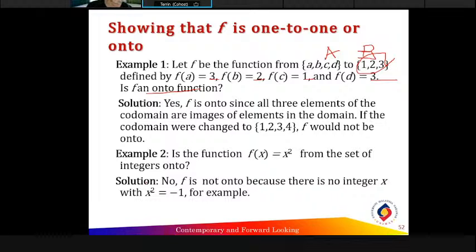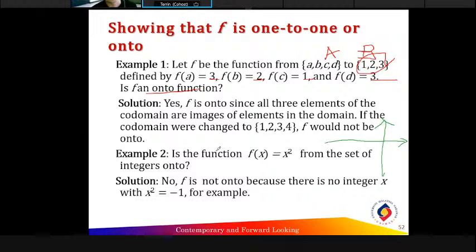If you try to draw the graph, you will get x and y axes, and here is f(x) equals x squared.